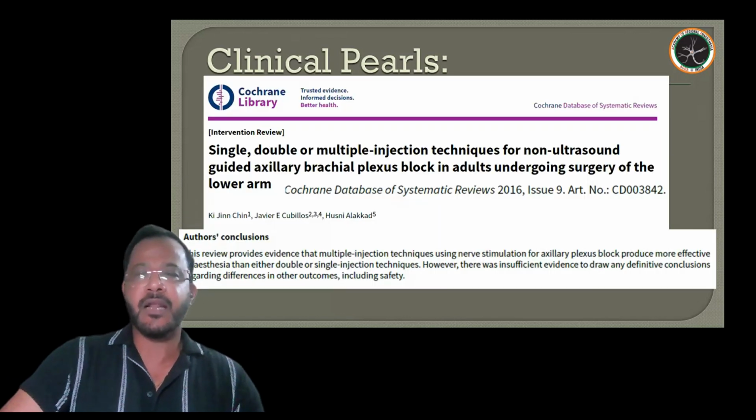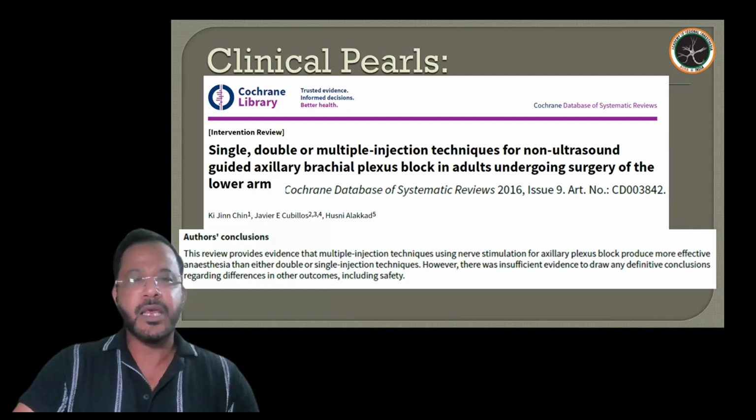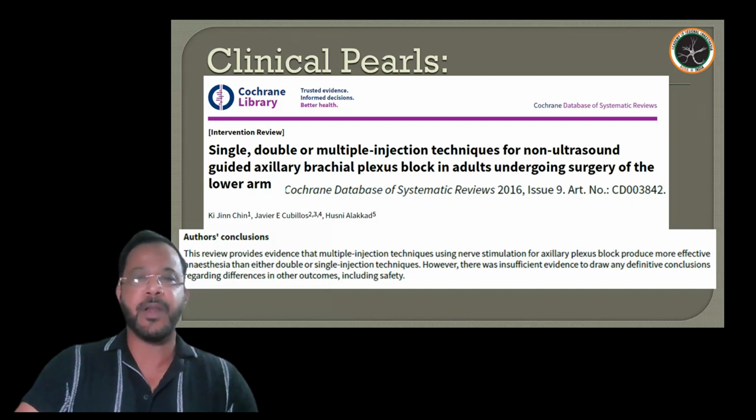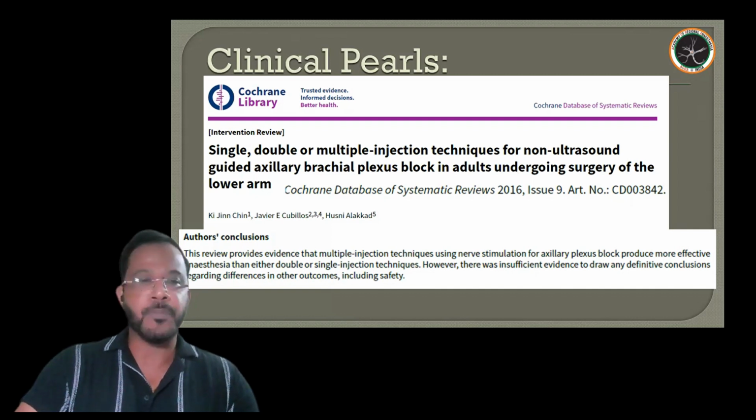Now, this article, which came in 2016 by Kiji Chin, looked at single, double, or multiple injection techniques for non-ultrasound guided axillary brachial plexus block in adults undergoing surgery of the forearm.